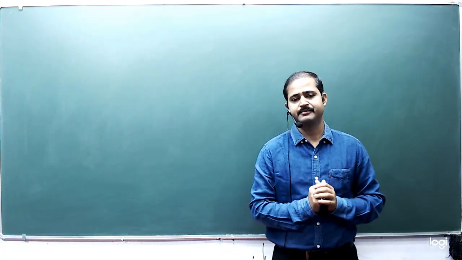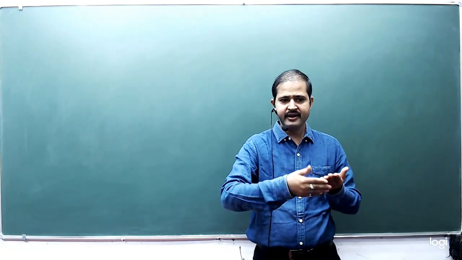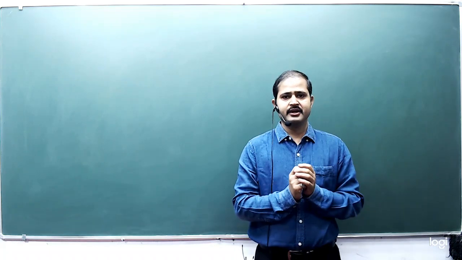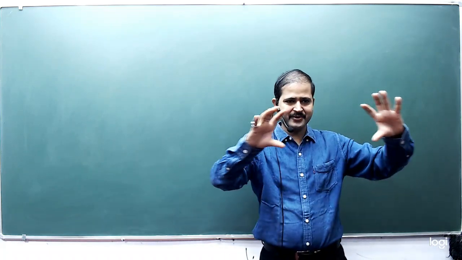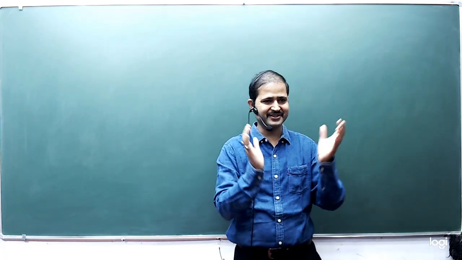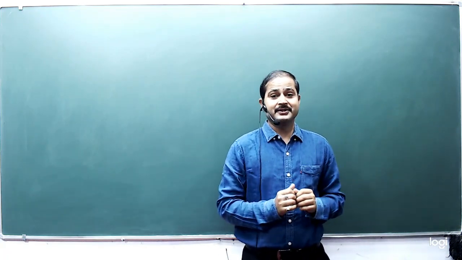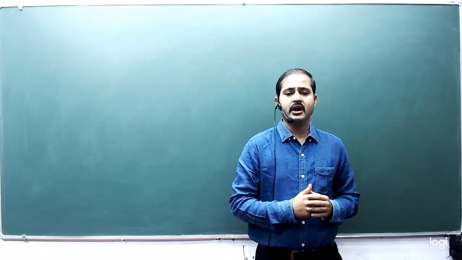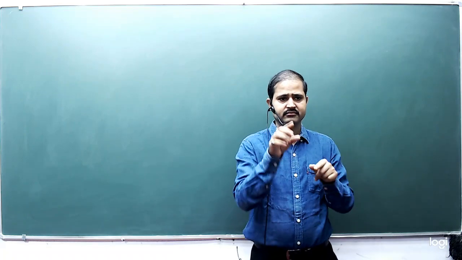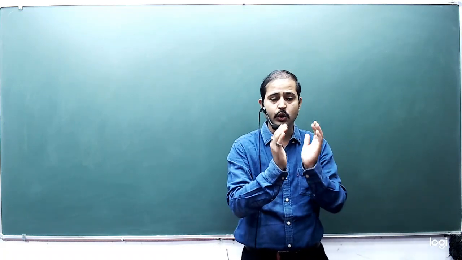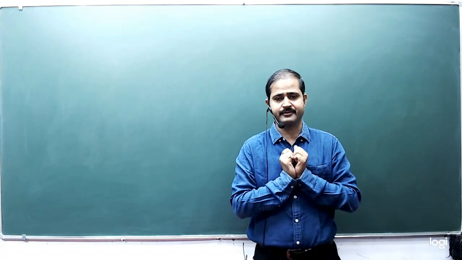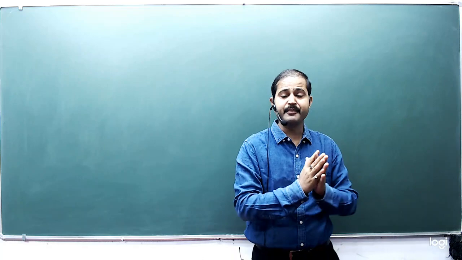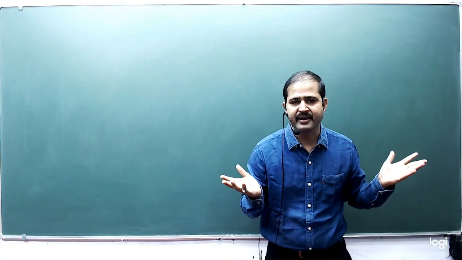This thylakoid has a membrane, and inside the thylakoid there is a lumen, right? This is the lumen. A thylakoid has a membrane, and inside the membrane there is a hollow space called lumen, and the lumen is filled with water. Now light is coming and falls on the thylakoid membrane, and the thylakoid membrane has so many pigments.